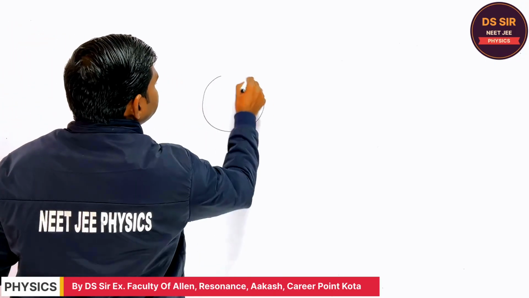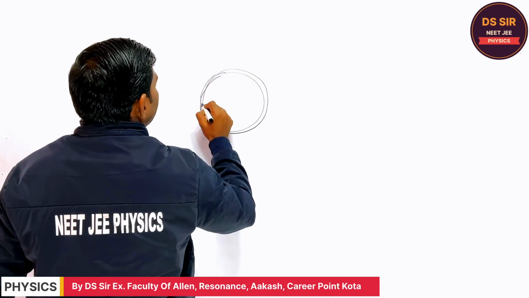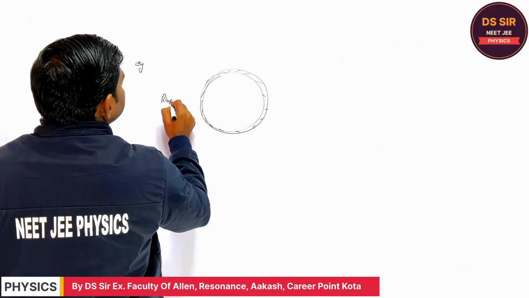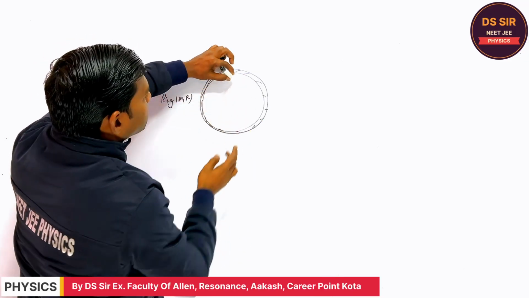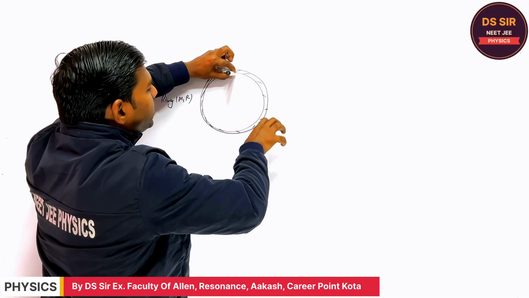For example, if this is the ring, this question is asked many times, although it is very simple. This is the ring of mass m and radius r. The horizontal axis is like this. So now it is displaced a little bit.